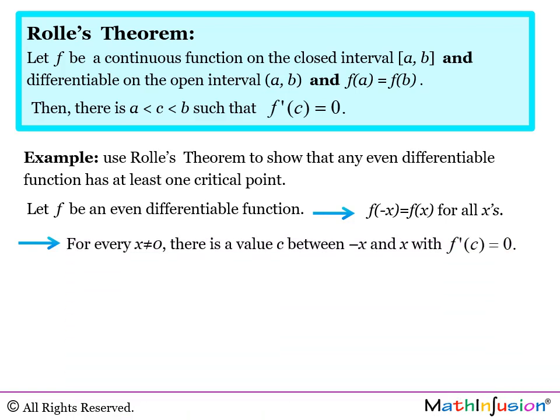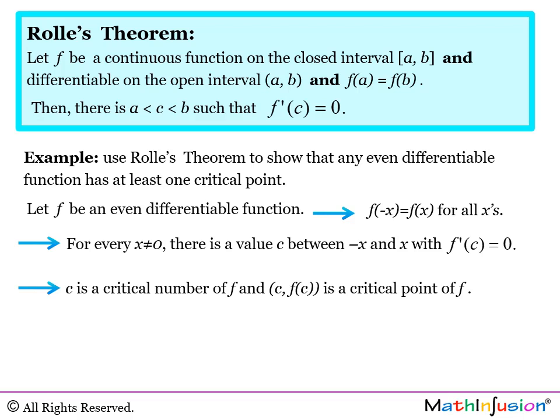It means that for every x, there is a value c between -x and x, such that f prime of c equals 0. c is a critical number of the function f, and (c, f(c)) is a critical point of f. I can say a little more than that. Because c is between -x and x for any x, c has to be 0.